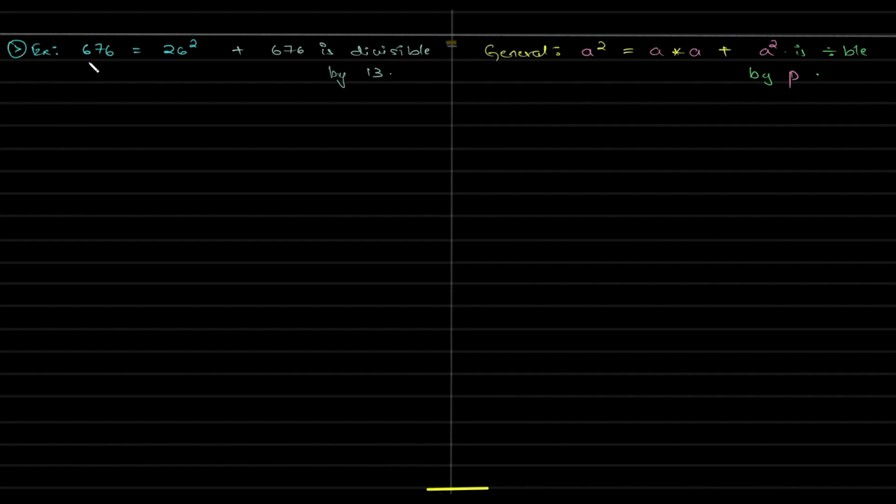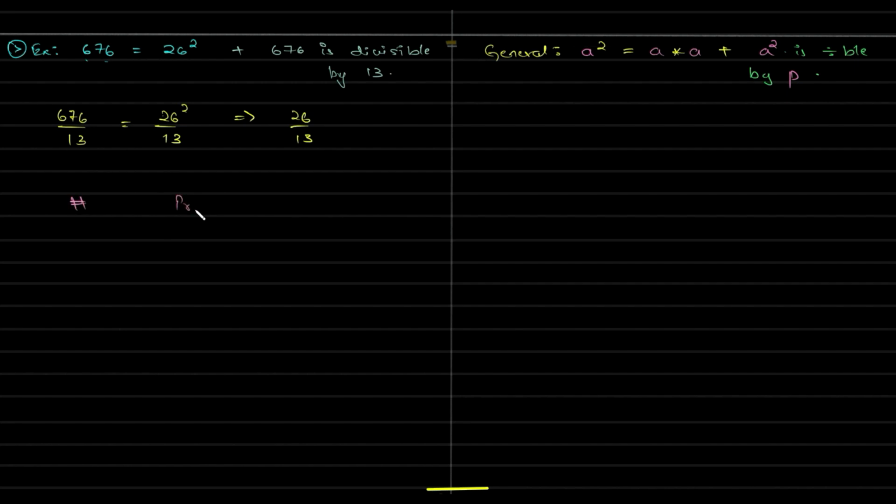Here I have written 676, which is 26 square. 676 is divisible by 13. So 26 square is divisible by 13. This implies 26 is divisible by 13. Again, quite simple.